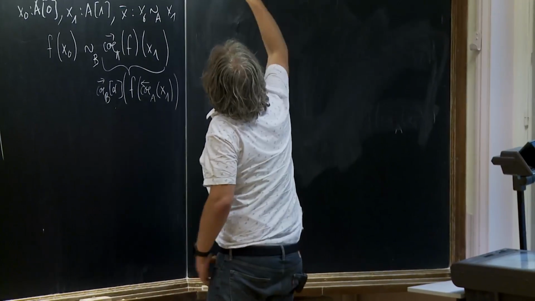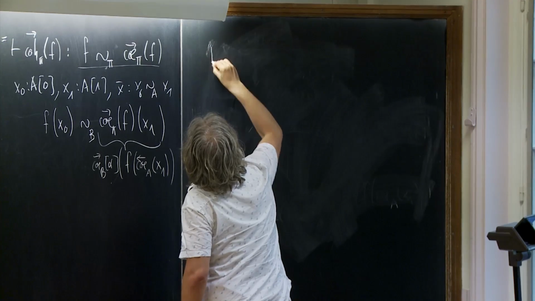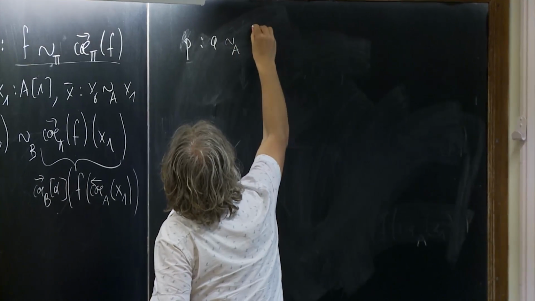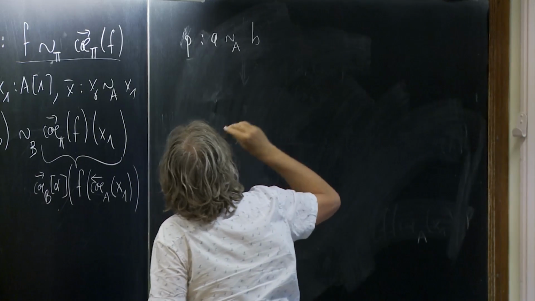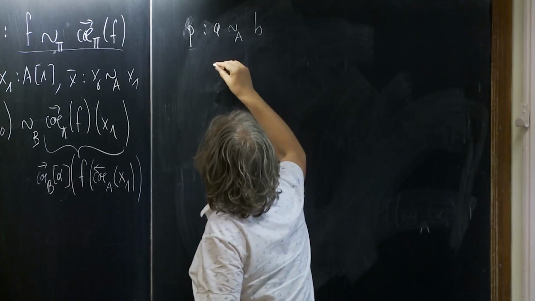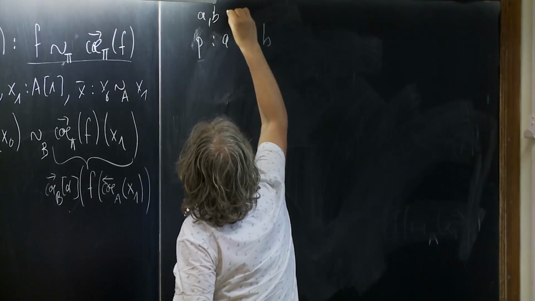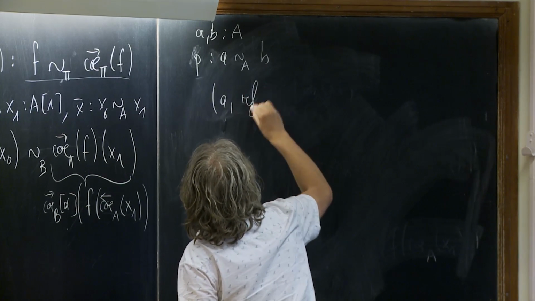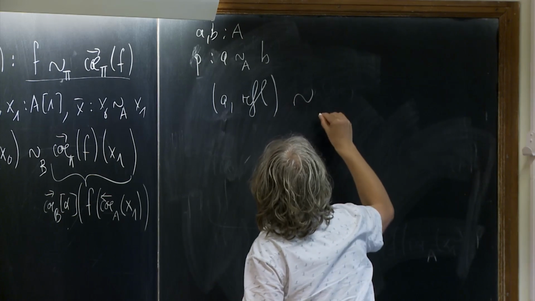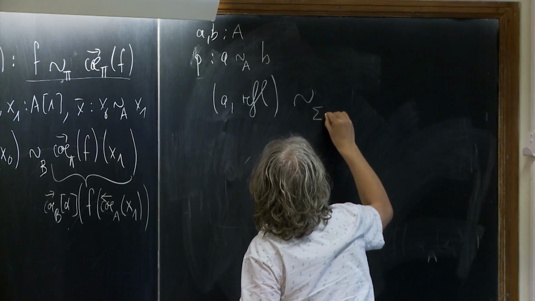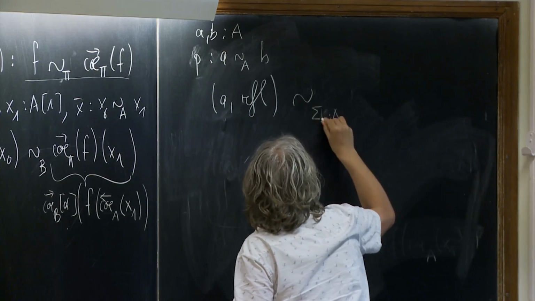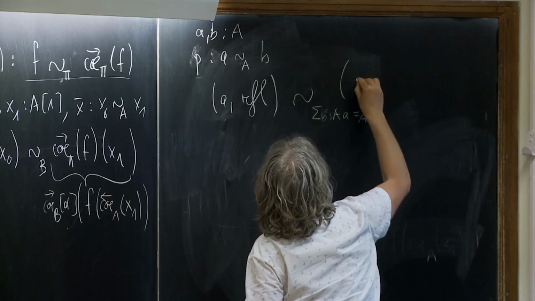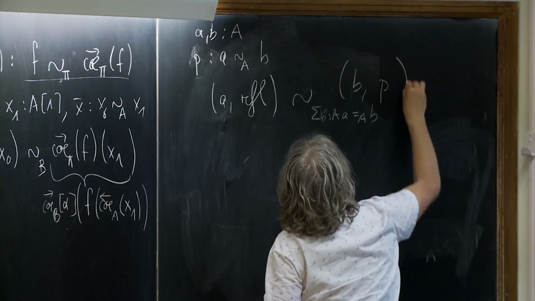Namely, I have a proof p that a is equal in A to b, and given a and b in A, what I want to show is that a refl is equal in Sigma a : A, a equals b, to b comma p.